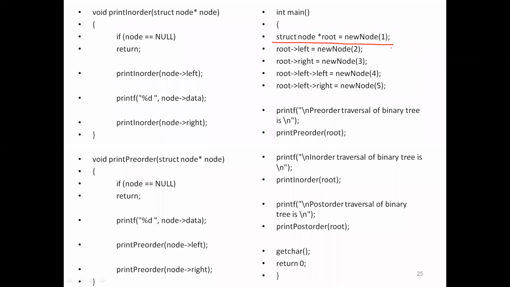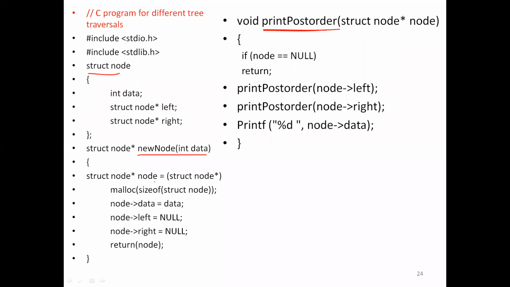Look at the first line, new node 1. It means that you are creating a new node, so it will call the new node function, and you are passing the value 1, nothing but the data field. The data field is assigned with 1, right?